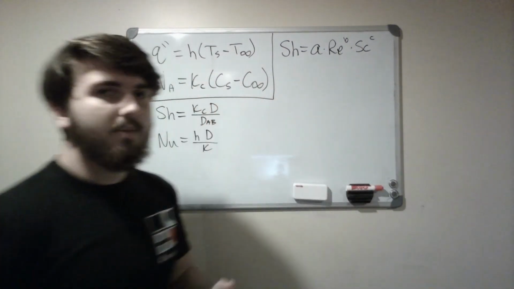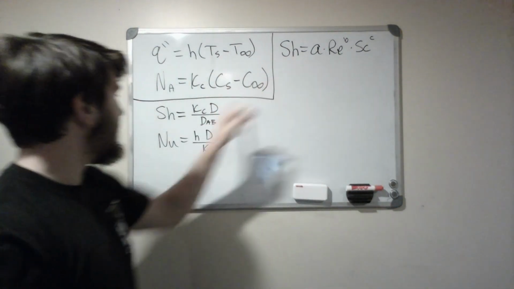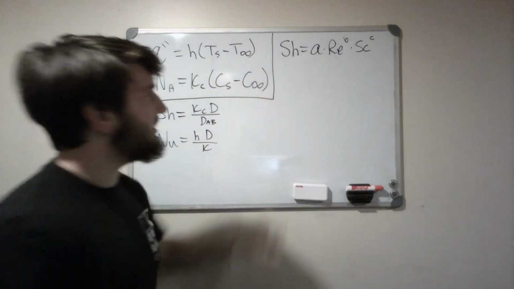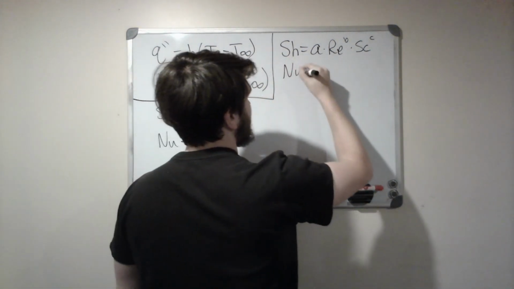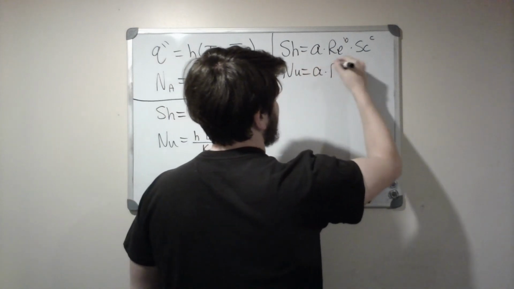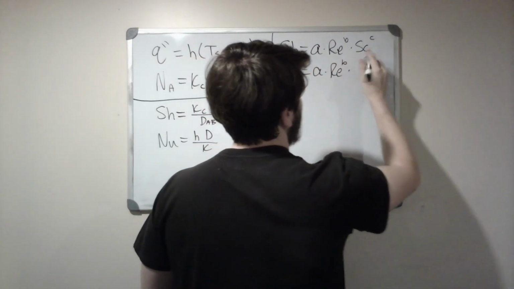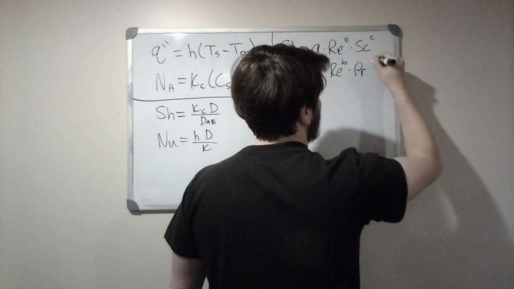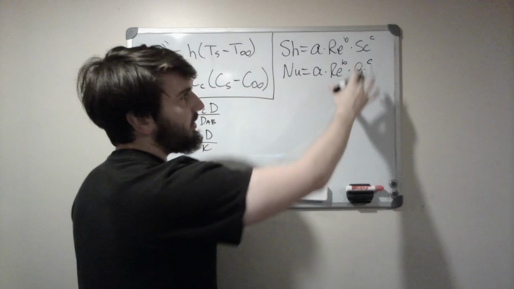So I'm going to leave those as equations, but generally you can input any data points there, and the reason why being is because we're talking about the comparison with that Nusselt number, and we can actually rewrite this here in the same way. So that Nusselt number is also A times that Reynolds number to the power of B, but instead of that Schmidt number, we're actually going to be working with the Prandtl number. And I'm going to write out what these are.